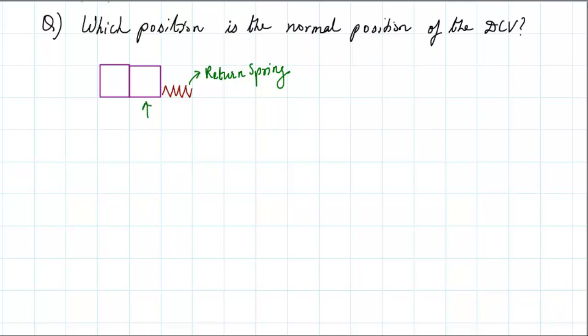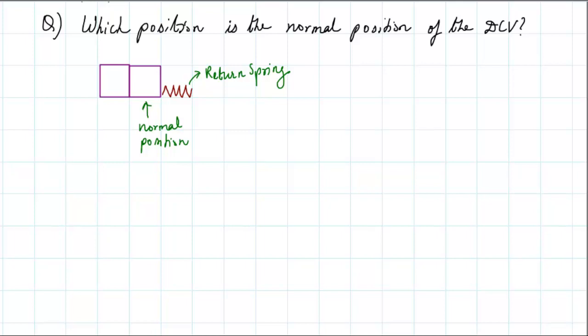So this is the normal position, because the side where the spring is attached is the position in which the DCV normally is, in the relaxed state. If I had for some reason drawn the spring on this side, then this would have been my normal position. But now I have drawn it here, so now you understand.